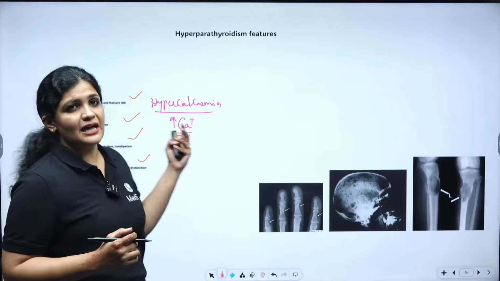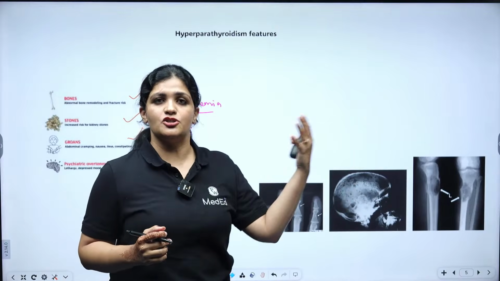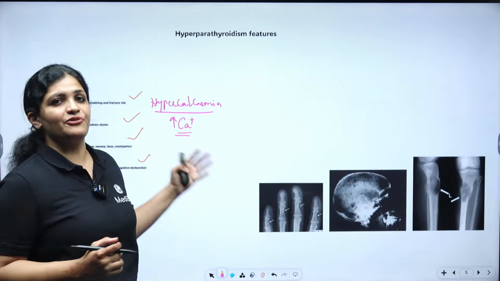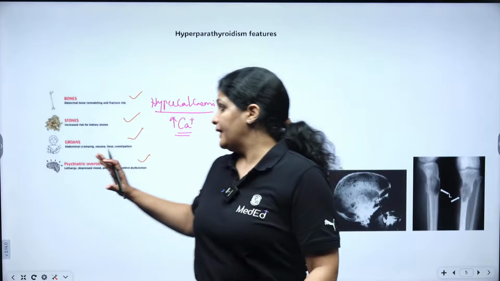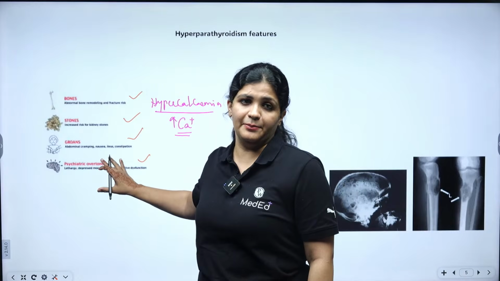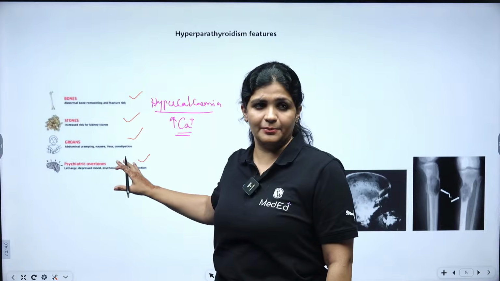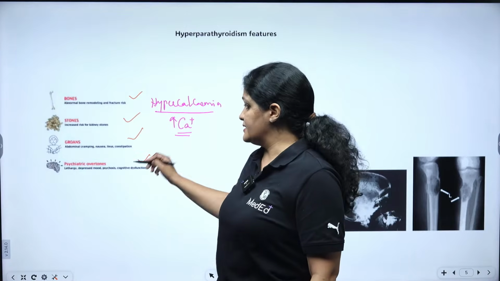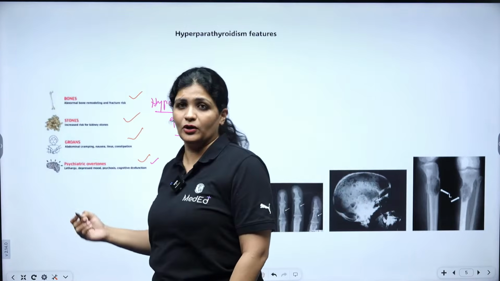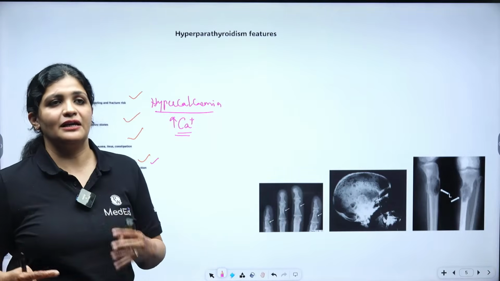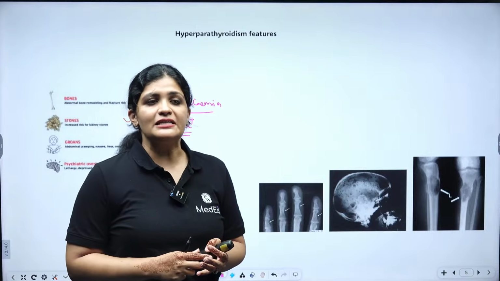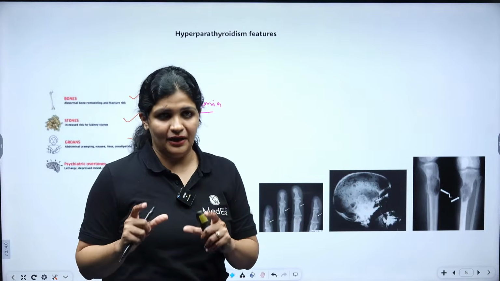Then this hypercalcemia in the urine will result in stones, that is renal stones, nephrolithiasis. And calcium is important in the nerve stabilizing membrane, so there are psychiatric overtones, the mood swings, and they also result in constipation, that is how the abdominal groans. So these are the signs and symptoms of hypercalcemia mainly.